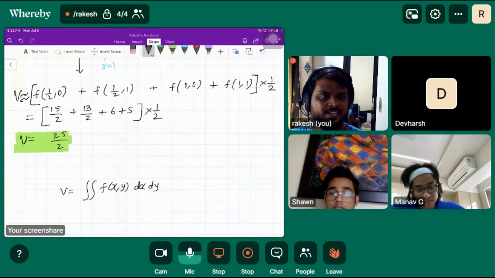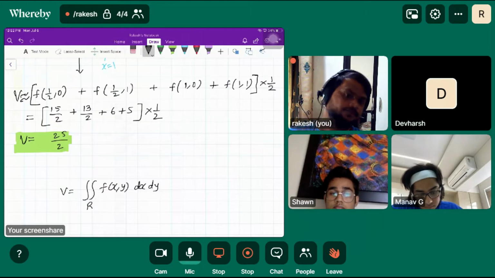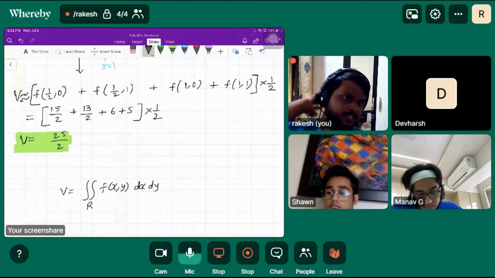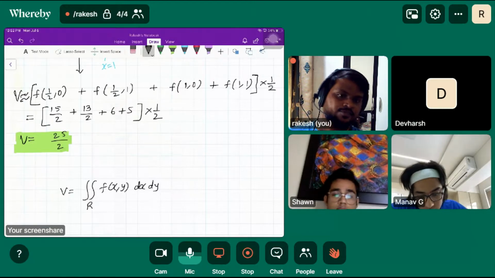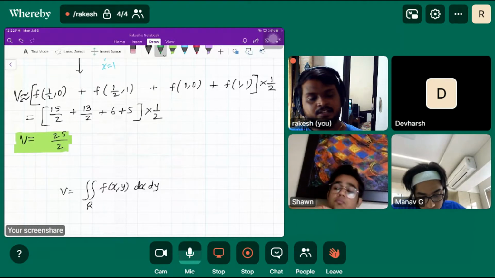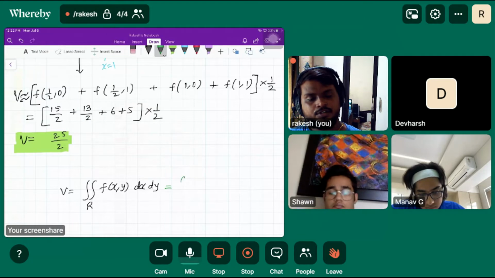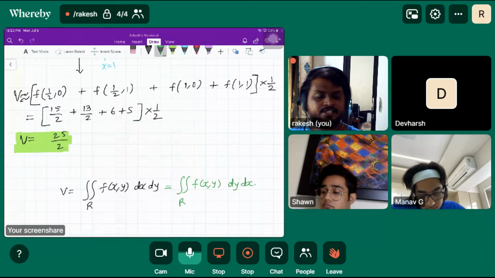This does not make any sense if I don't write R here. R means the region, the closed region, right? My question is, can we write this as equal to the integral of f of x comma y dy into dx?